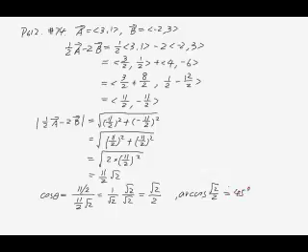To determine the direction angle of this vector, you need to draw this vector. So we know this is 11 over 2 and negative 11 over 2. So 11 over 2 positive, negative 11 over 2 negative, so it's part of here.